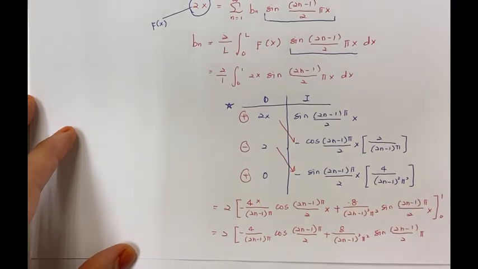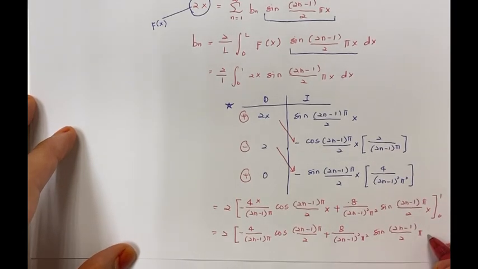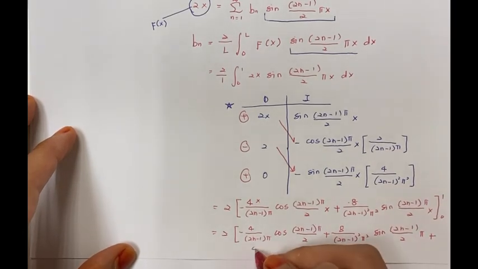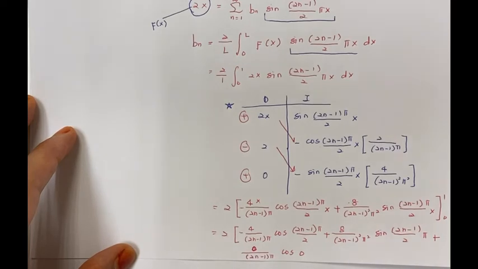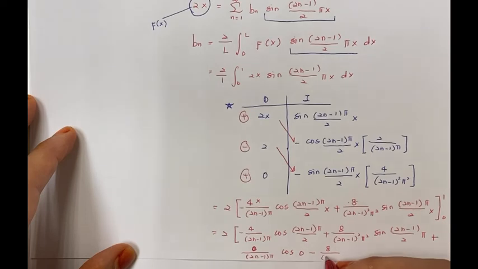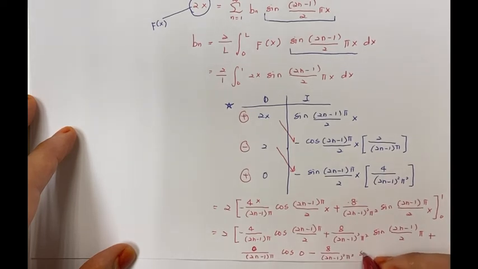Then the lower limit, where x is equal to 0: 0 over (2n minus 1) pi cos 0, minus 8 over (2n minus 1) squared pi squared sine 0.